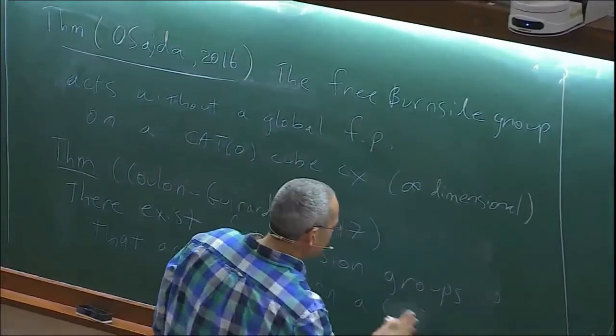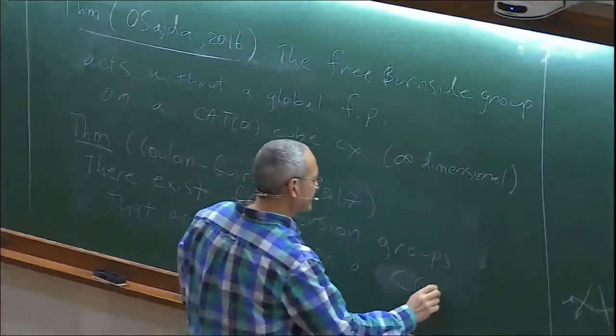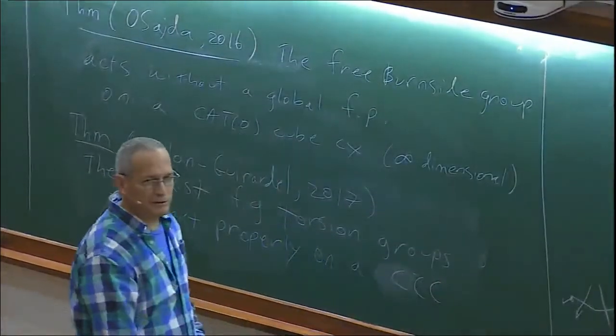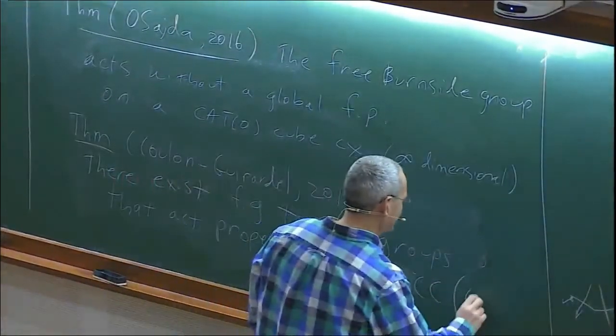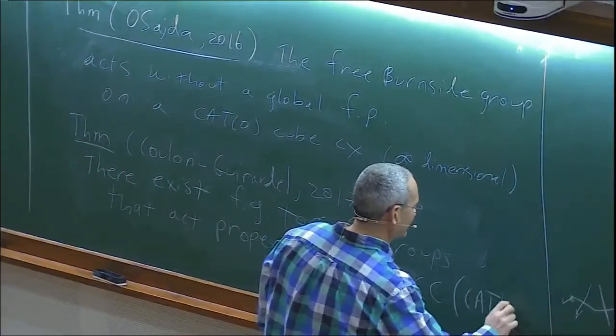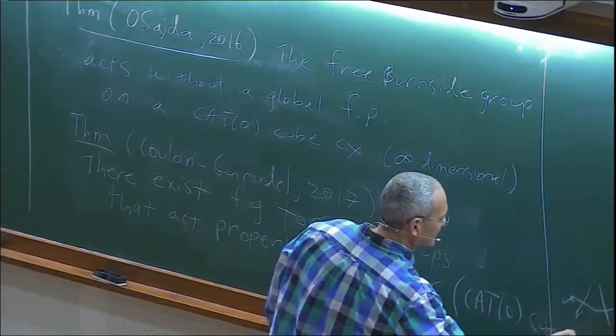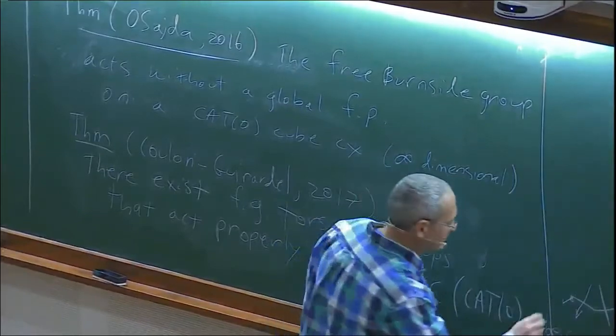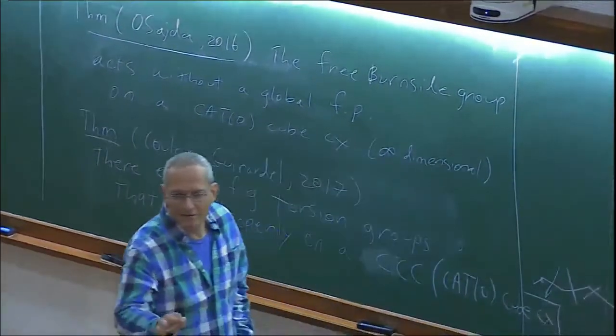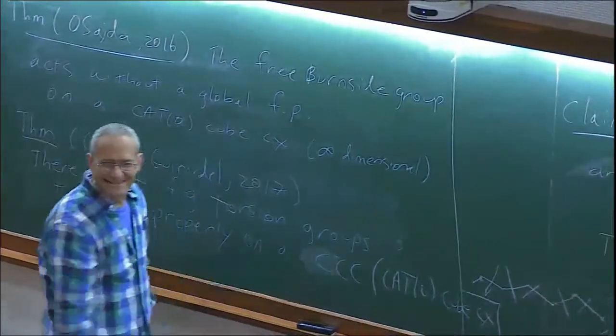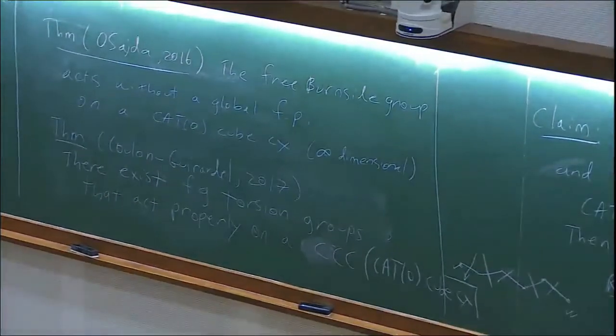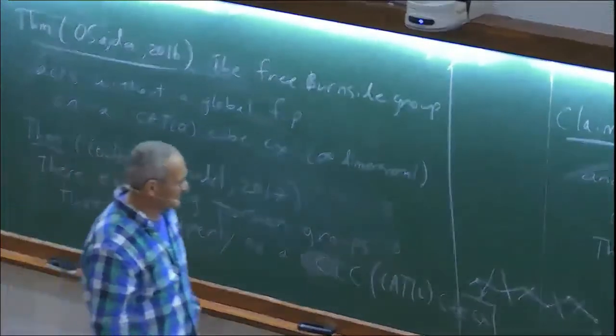So can I now write CCC for CAT(0) cube complex? Is that okay? Or are there some people that have issues? CCC. Oh, I see.